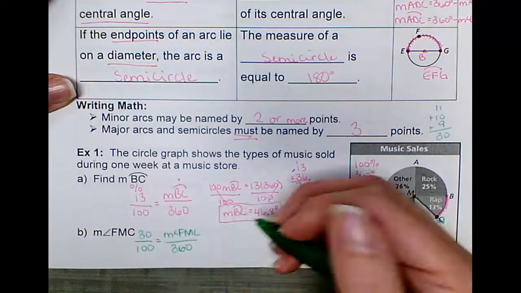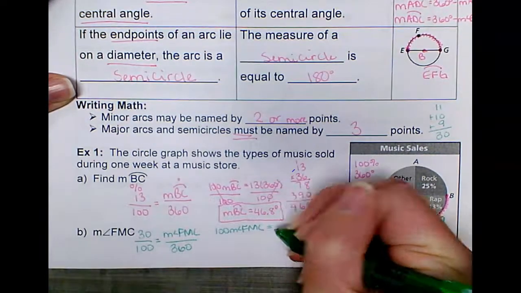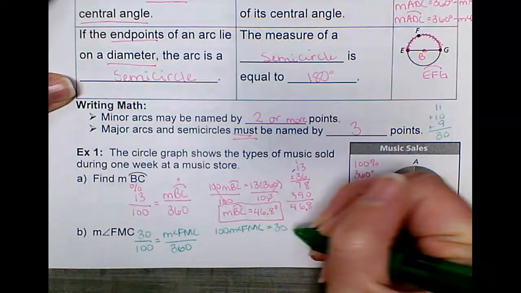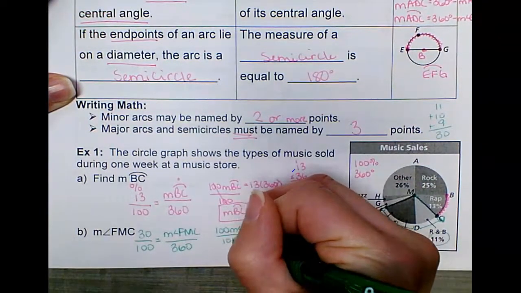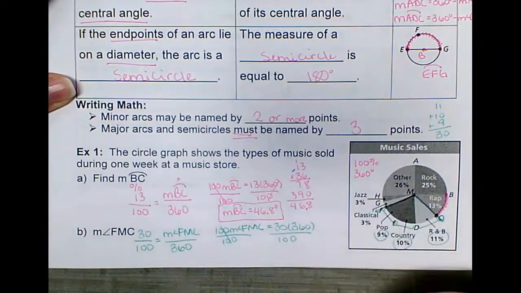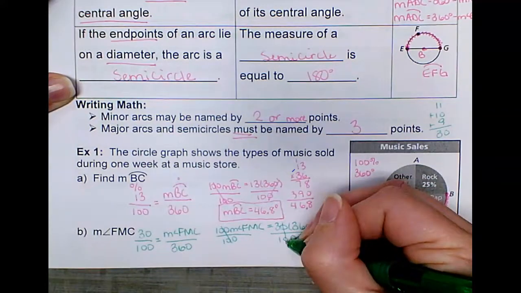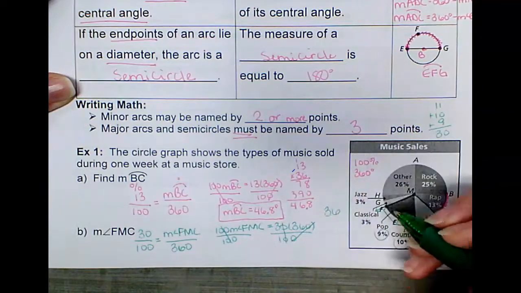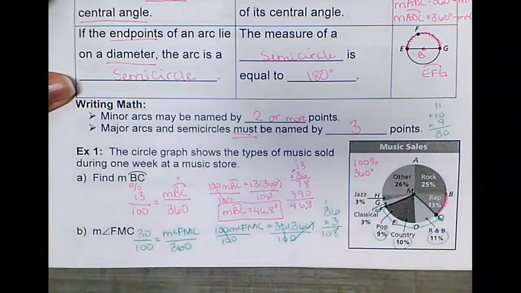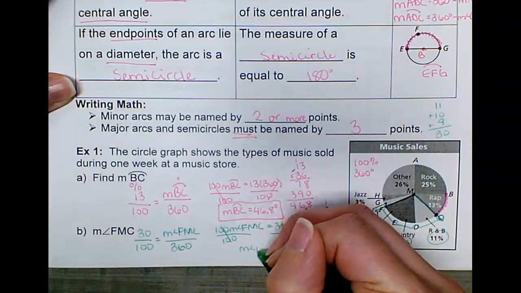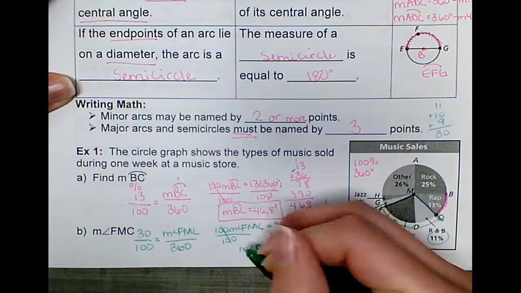Because if I multiply these two together, 100 times the measure of angle FMC, and then I multiply these two together, 30 times 360, then when I do the division by 100, I'm going to notice that this 0 and this 0 will cancel out, and this 0 and this 0 will cancel out. So all I have to do to find my amount of degrees is 36 times 3. So my measure of angle FMC, that central angle measure, is 108 degrees.